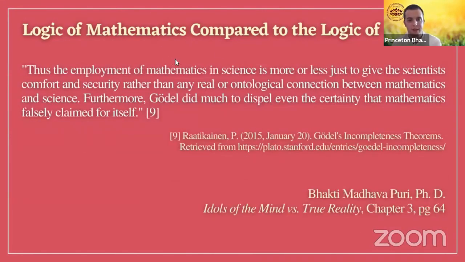Thus, the employment of mathematics in science is more or less just to give the scientists comfort and security rather than any real or ontological connection between mathematics and science. Furthermore, Gödel did much to dispel even the certainty that mathematics falsely claimed for itself. This is referring to Gödel's incompleteness theorems.